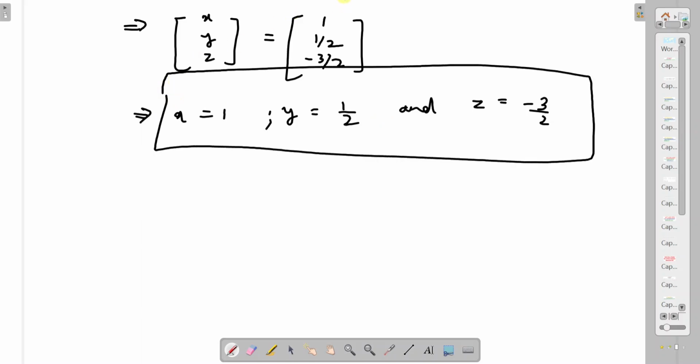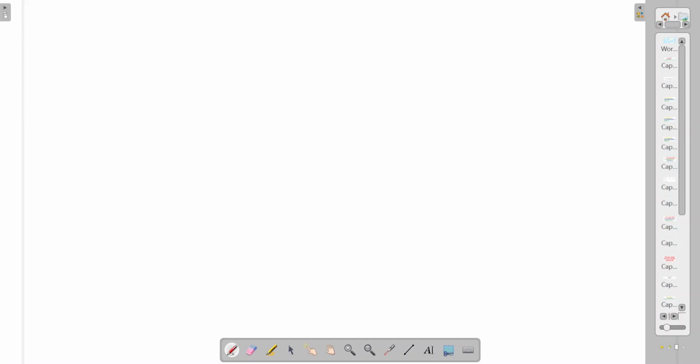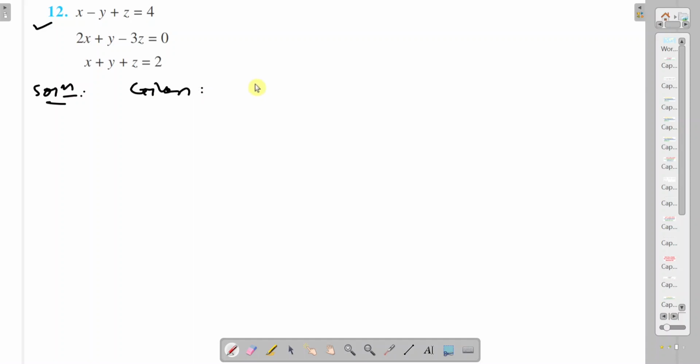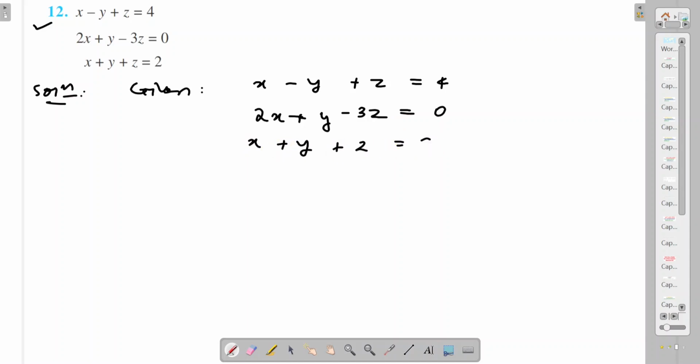Okay. So now let us go to the next one. This is the 12th, with a similar method. So given is x minus z equal to 4, then 2x plus y minus 3z equal to 0, then x plus y plus z equal to 2. Let us call this 1.